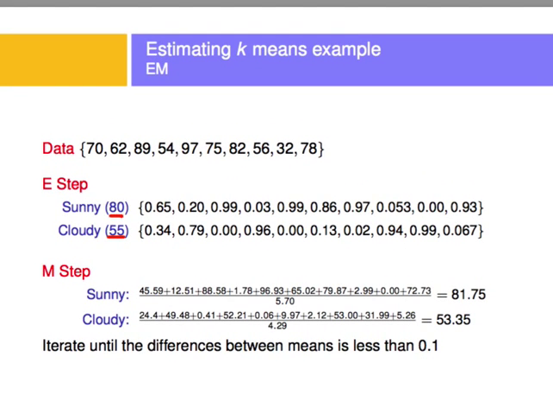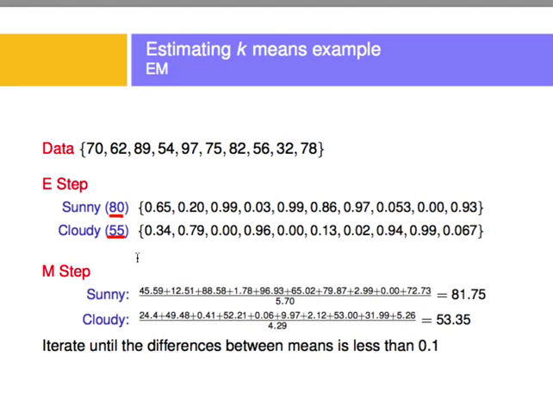So I compute these numbers, and we see something similar. These would be complementary numbers, by the way. But we see that there's almost a 35% chance that a 70-degree day is going to be cloudy, and so on and so forth. And there's like a 1%, almost totally sure, that a 32-degree day is going to be in the cloudy range, right?